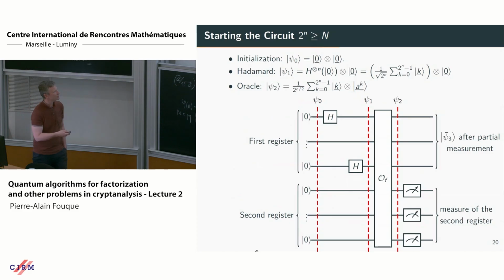At some point I will do a measure on the second register, and as we did this morning with Simon, it will fix some value, and we get a state after the partial measurement.